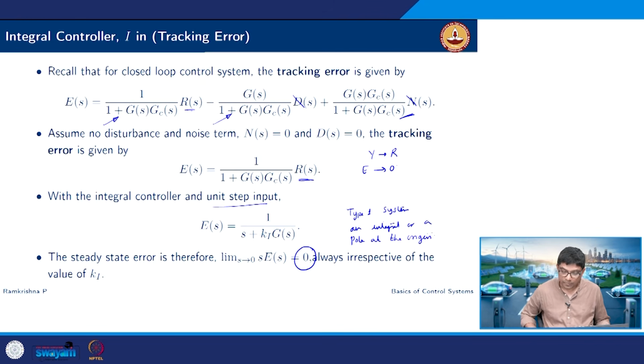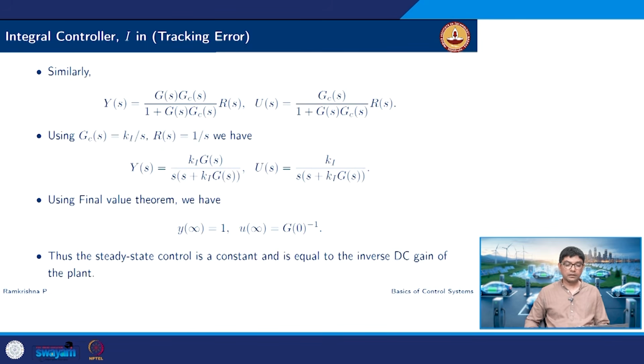Now similarly, if I look at what happens to the output at infinity, the output at infinity becomes 1. What happens to the control at infinity? Well, the control at infinity is simply g of 0 inverse, right. So, the steady state control is a certain constant number and is equal to the inverse of the DC gain of the plant.